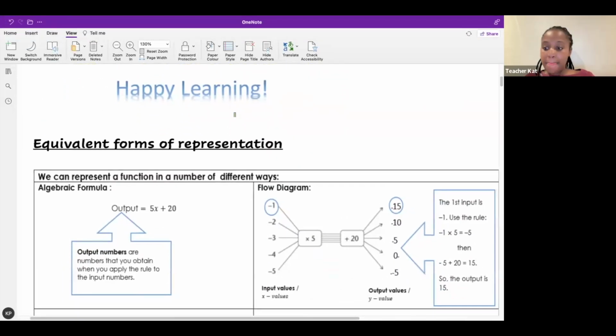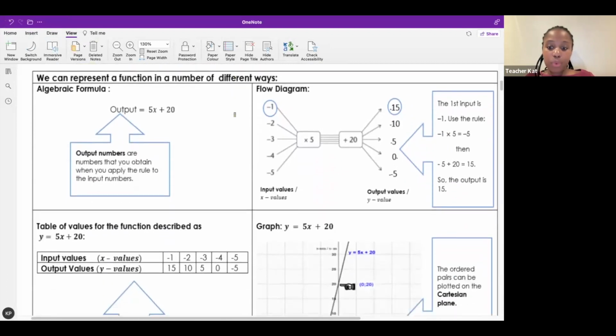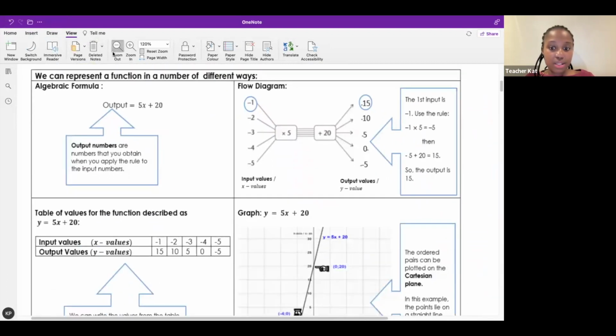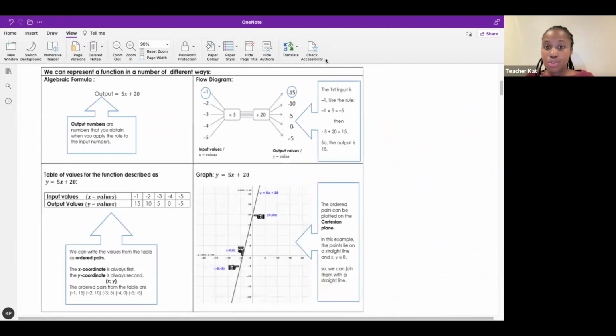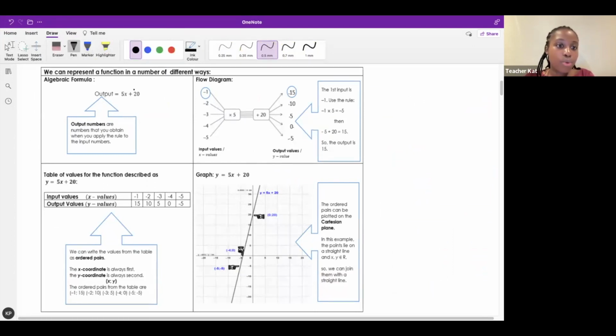Now, there are 4 ways to represent relationships between two variables, okay? Some of these look familiar because we have spoken about them before. If you look here carefully, the first one is through an algebraic formula.